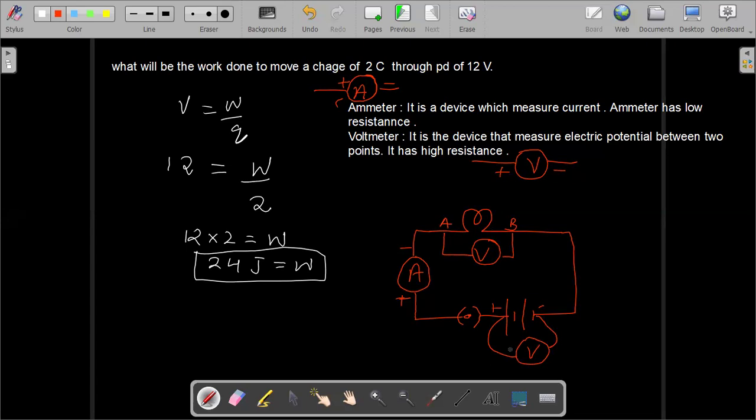So wherever the voltmeter is connected, it will always be connected parallel to the electric component.